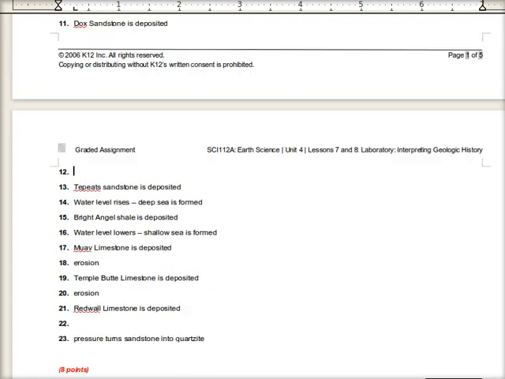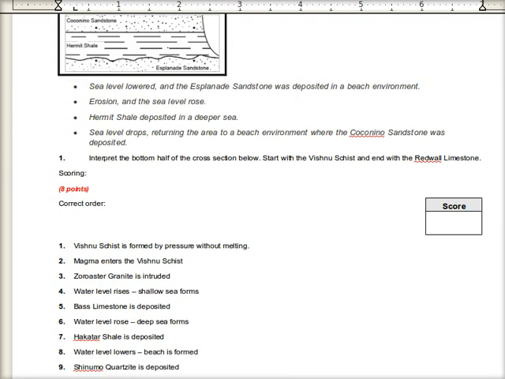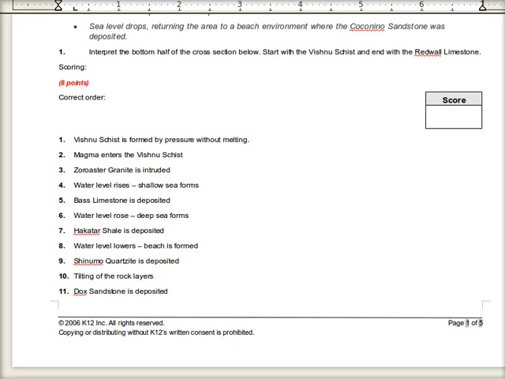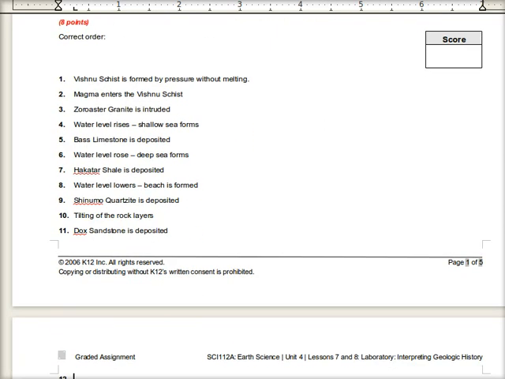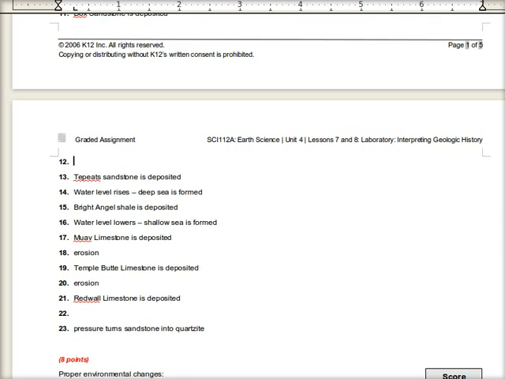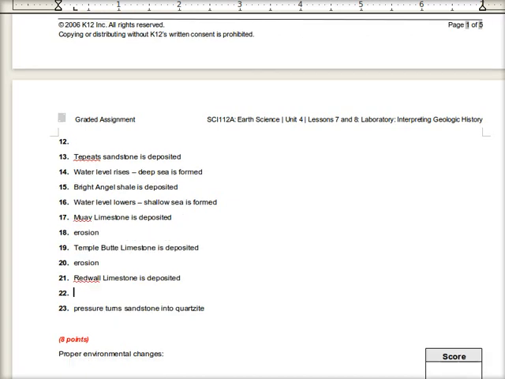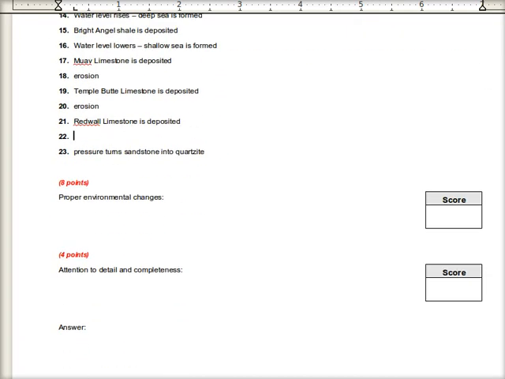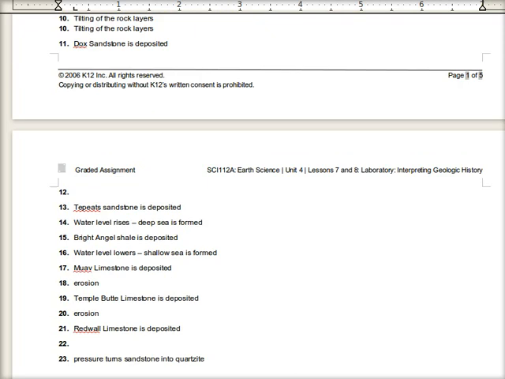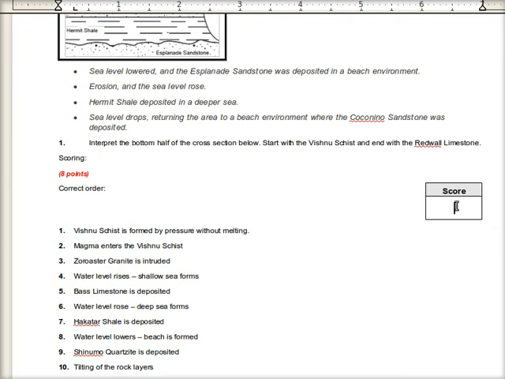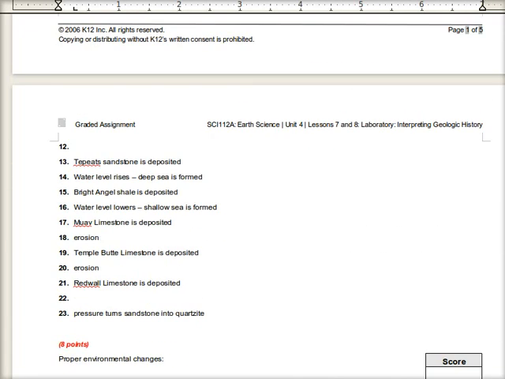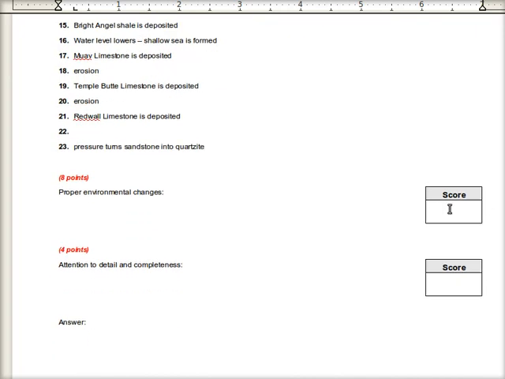So what I'm going to do is stop the video, give you some time to look over your answers, make sure that you've covered the whole story, and that you filled in those blanks that I left, and then we'll continue with the next question. Just so you know, you have this box for the score to make sure that everything's in the correct order from bottom to top, and we also have this score that says that you put in the proper environmental changes.